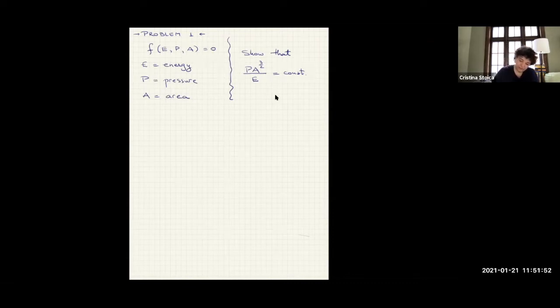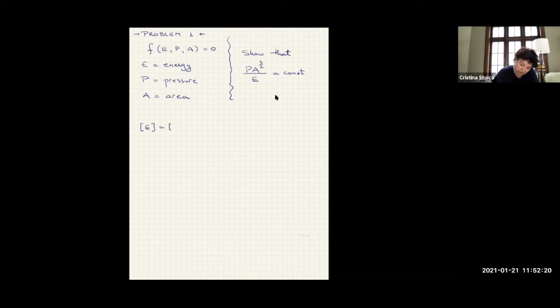The first thing we're going to do is decide what the dimensions of the energy, pressure, and area are, and figure out which fundamental units are showing up in this problem. The energy is measured in kilogram meter squared per second squared.